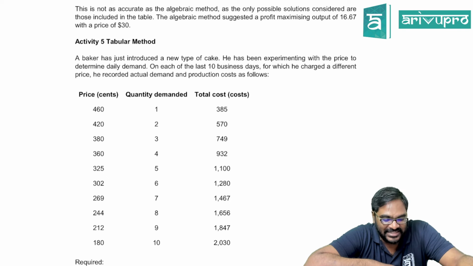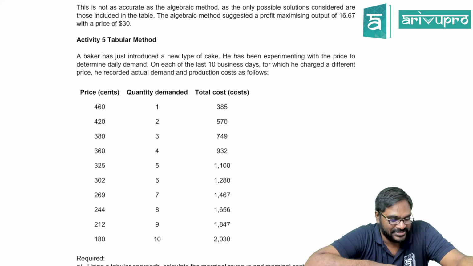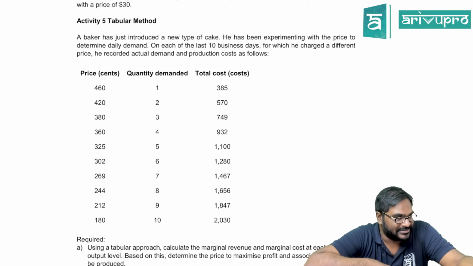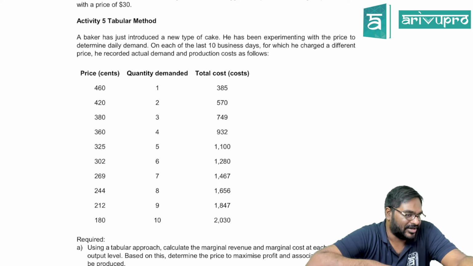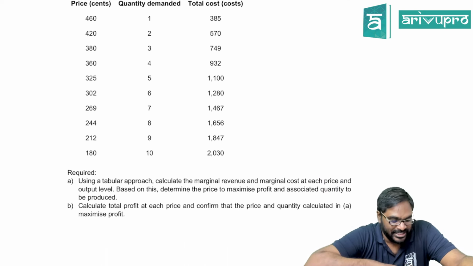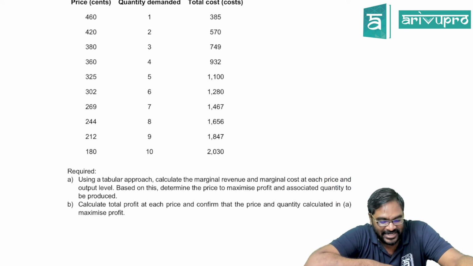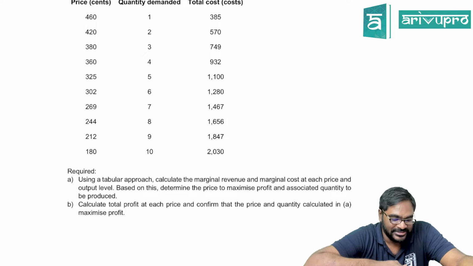On each of the last 10 business days for which he charged different price, he recorded actual demand and the production cost. So the breakup is given: price, quantity, and the cost. Using the tabular approach, calculate the marginal revenue and the marginal cost for each price of output. So let's see.